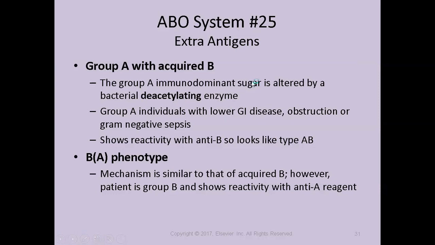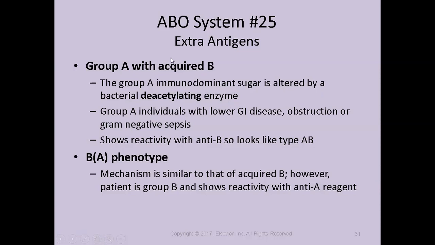The group A immunodominant sugar is altered by a bacterial deacetylating enzyme. So it basically breaks down the A antigen, so it looks like a B. Okay, so when does this happen? Some group A individuals who have lower GI disease, obstruction, or gram-negative sepsis. So knowing patient history is going to be important too.